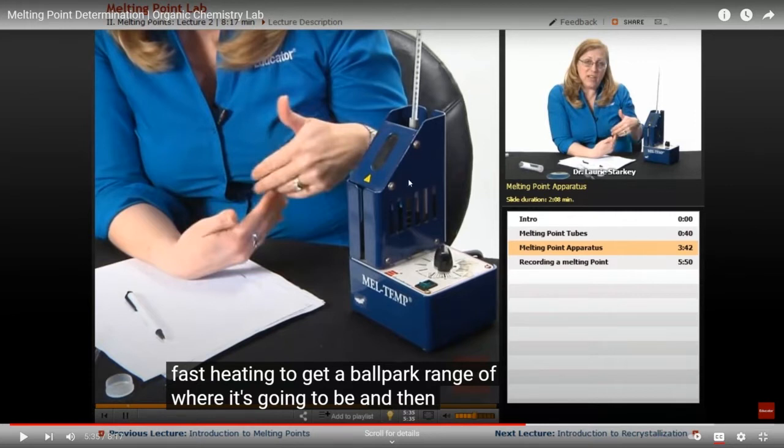So you have to always be cautious that the temperature of the tube where the solid feels the heat is not necessarily the same as the temperature you read from the thermometer. That's why this heating rate control is extremely crucial, and that's why I say beginners, until you learn how these things work properly, you don't want to have too much sample in your tube.